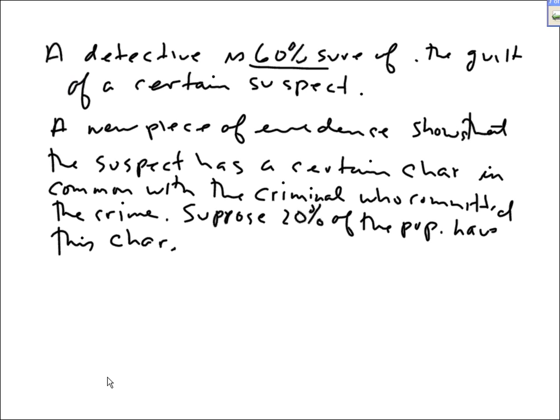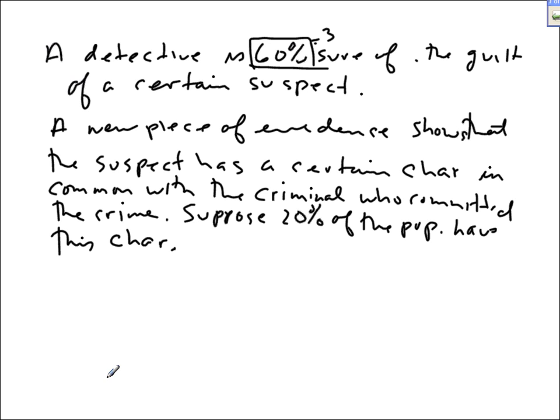So that's going to up the percentage that the detective feels this suspect is guilty. What probability should the detective now assign for guilt of the suspect? Remember, percentage and probability, they're the same.